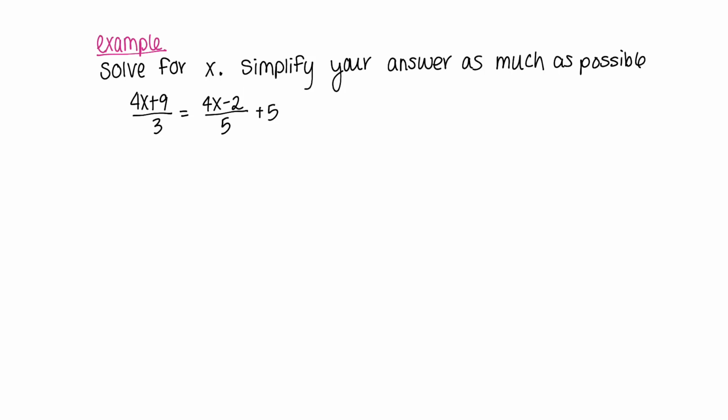All right, so looking at this, looking at the denominators, we have a 3 and a 5. The LCD for 3 and 5 is going to be 15. So I'm going to be multiplying everything by 15.